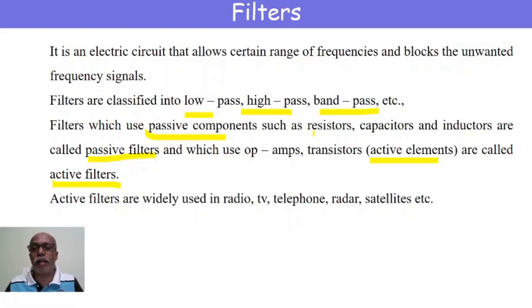Filters which use resistors, capacitors, and inductors are called passive filters, and filters which use active components such as op amps, transistors, etc. are called active filters. These active filters are widely used in radios, television sets, telephones, radars, satellites, etc. They have a wide range of applications.